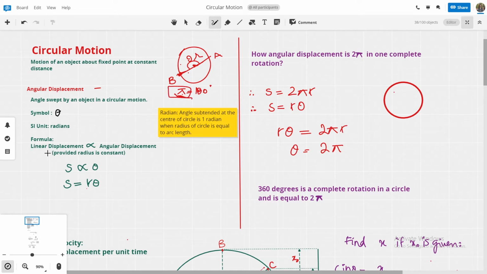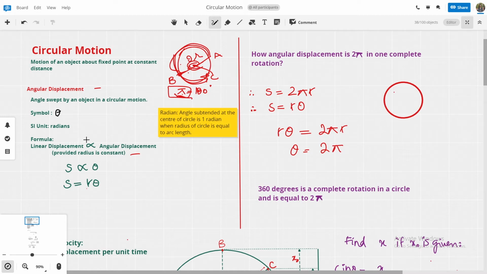Now the formula. I have used the relationship. So as long as the radius is constant, more the angle, more the linear displacement covered. For example, if an object covers till C, right? So the angle will increase as well as the displacement covered in the circumference. The distance from A to C is obviously greater than A to B, and then the angle will be greater too.